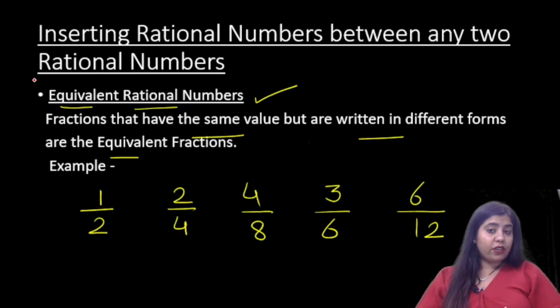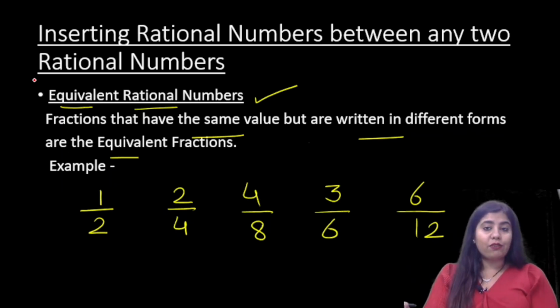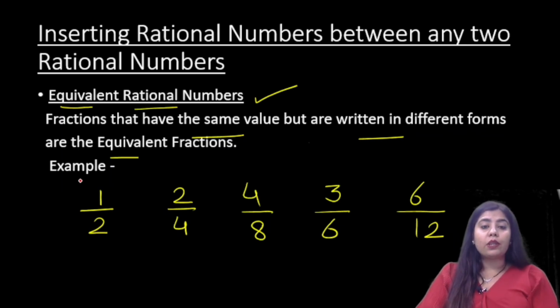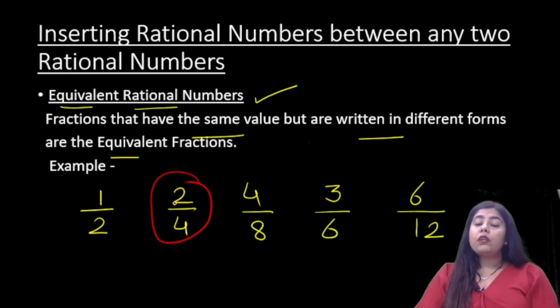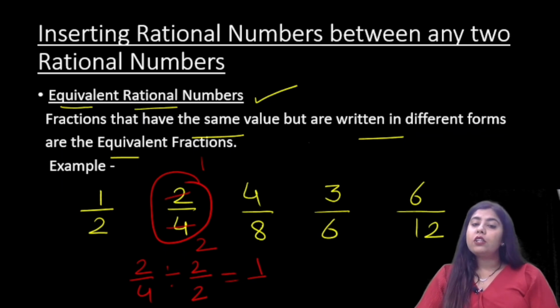They have different forms, but in actual they have the same value. As 1 by 2 is the simplest form, now see 2 by 4. If we simplify 2 by 4, I am dividing it by 2. When we divide 2 by 2 we get 1, and when we divide 4 by 2 we get 2 only.